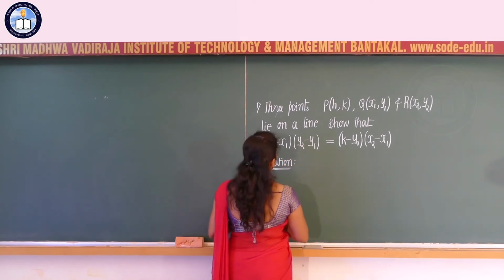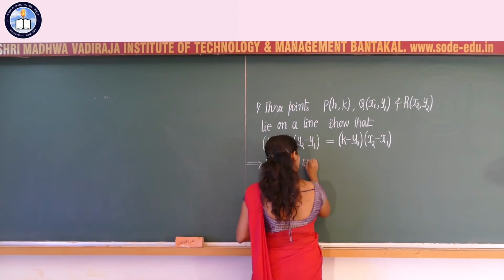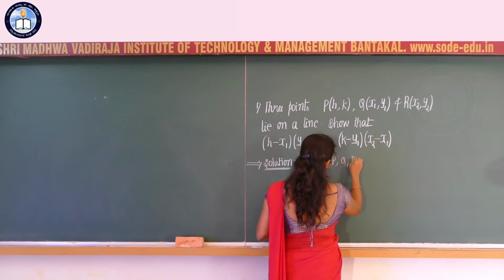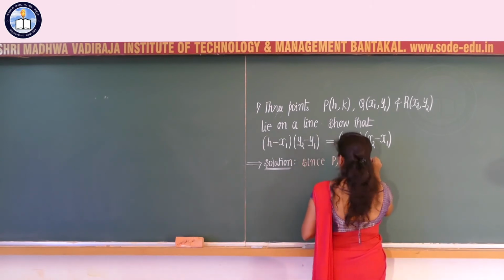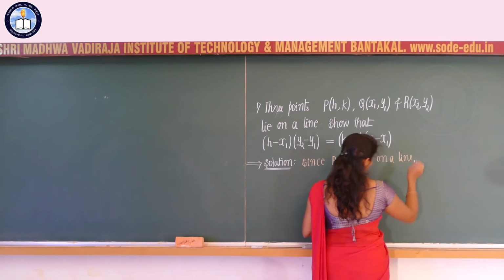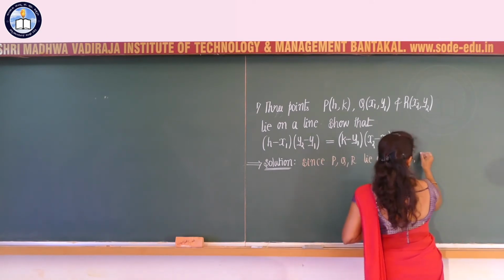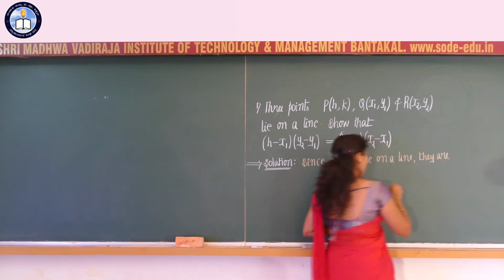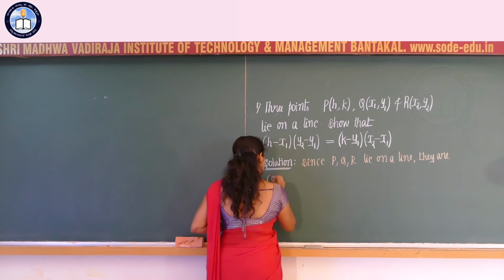Since P, Q, R lie on a line, they are collinear.